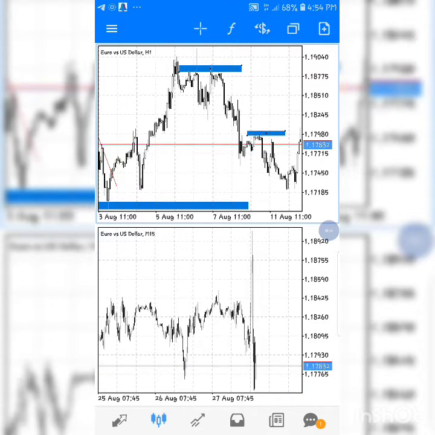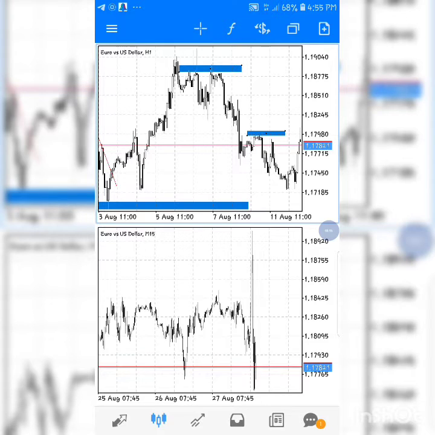These are regions where the market has failed to break above or break below for long periods of time. So when the market reaches this level, it's not guaranteed that it's going to automatically go up, but the probability of the market bouncing off those levels, either going up or going down, is very high.